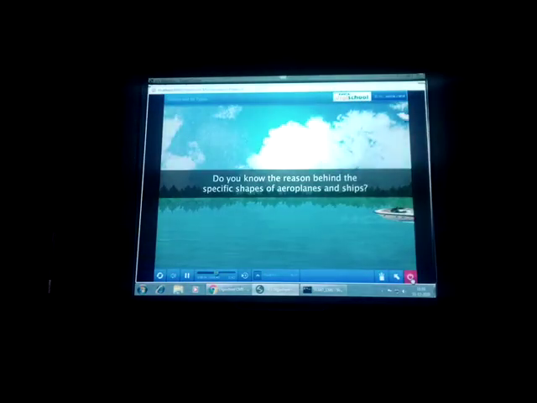Do you know the reason behind the specific shapes of aeroplanes and ships? Birds and fish are always moving in fluids. Their bodies are specially designed to comfortably overcome fluid friction. Aeroplanes are hence designed to emulate the shape of a flying bird.